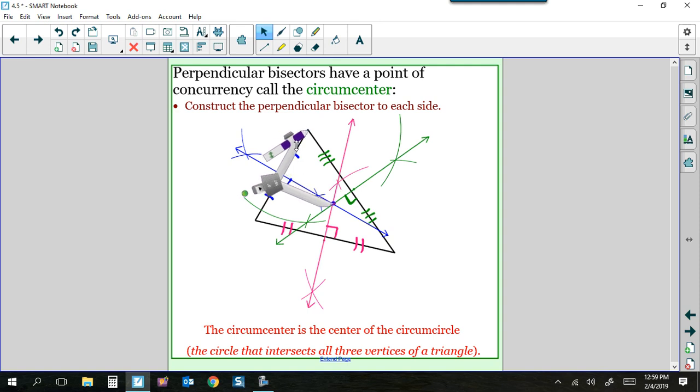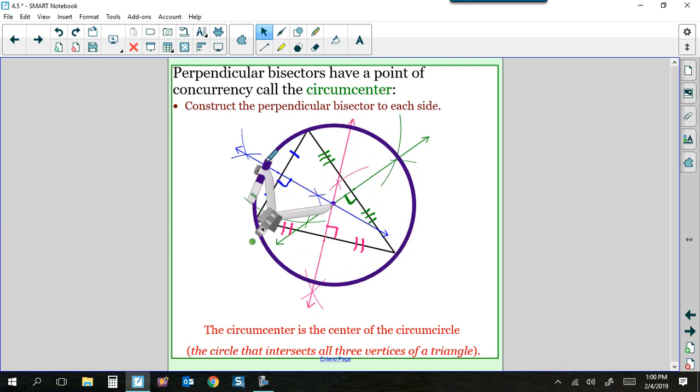Then when you draw your circle going around, it should touch the outside of each of the vertices of the triangle. So this circle basically is the smallest possible circle that can be drawn on the outside of this triangle.